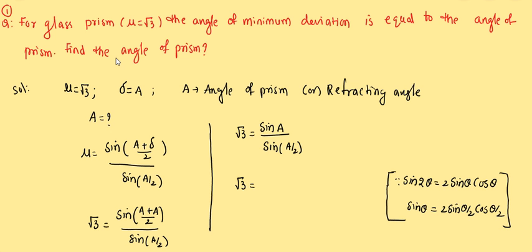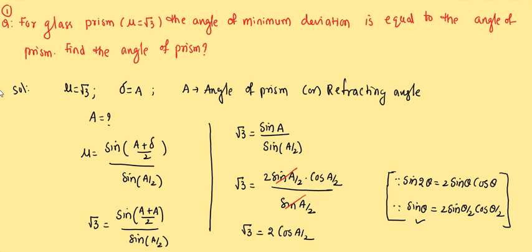These are the mathematics formulas that we use here. Sine A we write as 2 sine A by 2 cos A by 2 according to the second formula. And then sine A by 2 in the denominator is already there. They will be cancelled now. Right? This will cancel. What's remaining in the next step? Root 3 is equal to 2 cos A by 2.